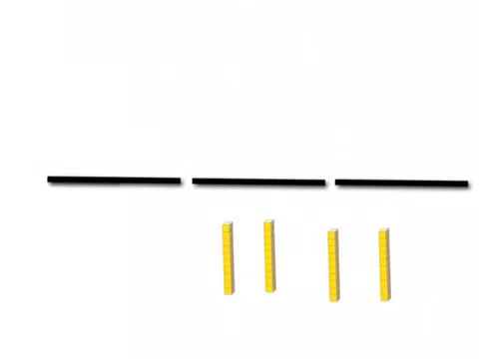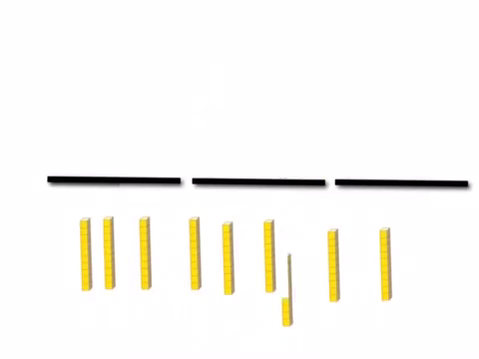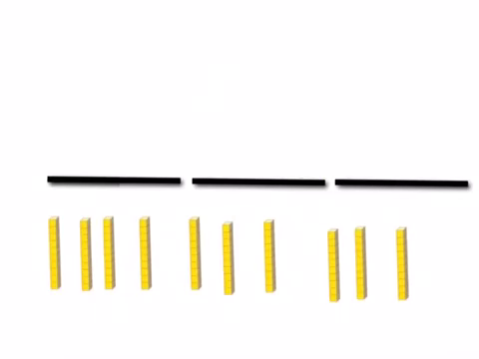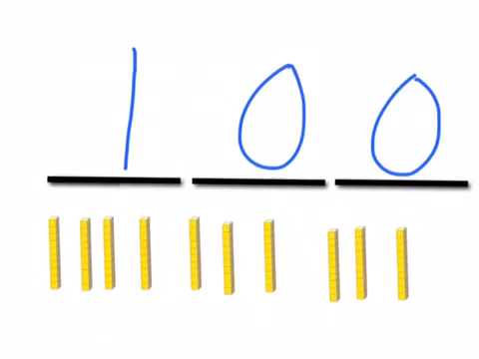Let's do another one. Let's keep adding some more. 50, 60, 70, 80, 90, 100. 10, 20, 30, 40, 50, 60, 70, 80, 90, 100. Okay, when we write the number 100, we write 1, 0, 0.